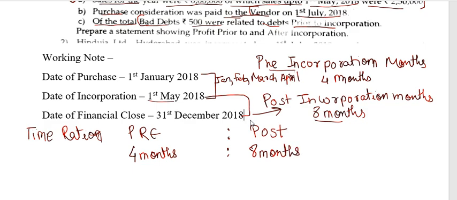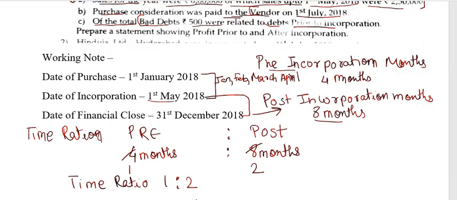Okay, so 4 ones are 4, 4 twos are 8. So time ratio we got as 1:2. Time ratio is 1:2.